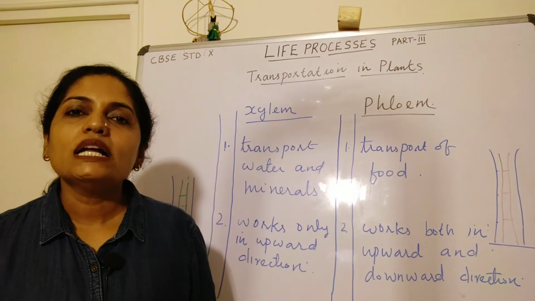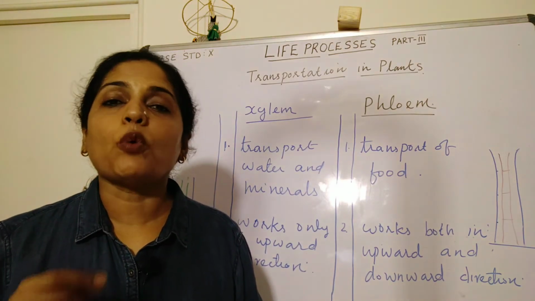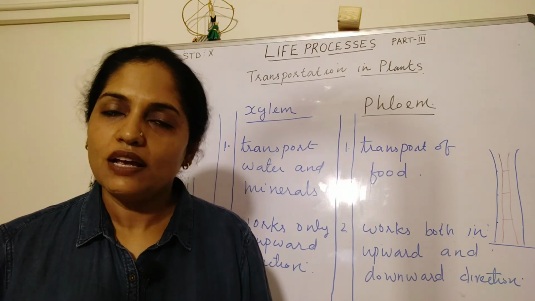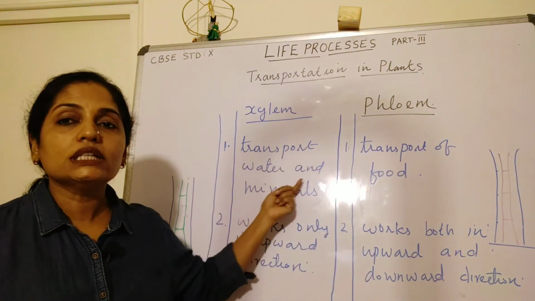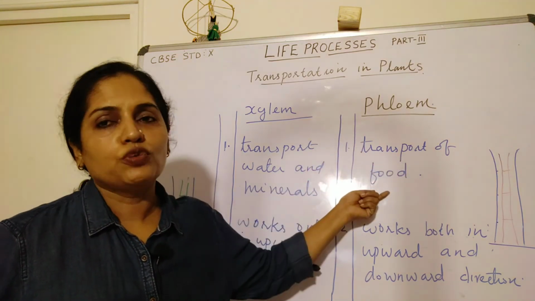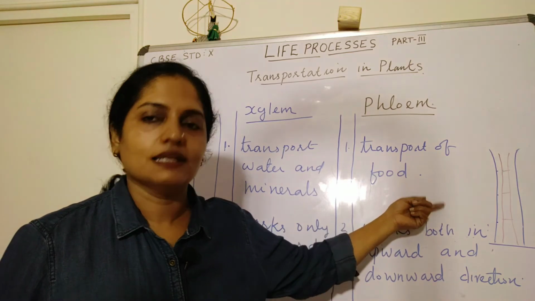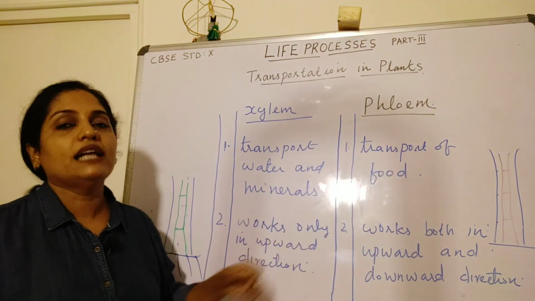When we talk about xylem and phloem, you must keep in mind two important points about these tissues. Xylem helps in the transport of water and minerals. Phloem helps in the transport of food materials in the plant. Second point is, xylem works only in upward direction.